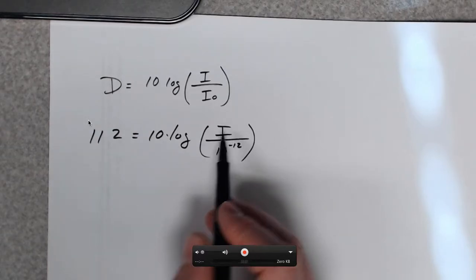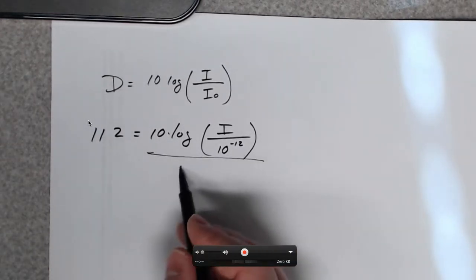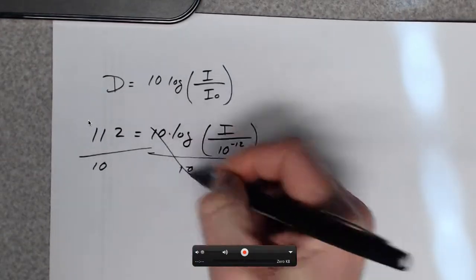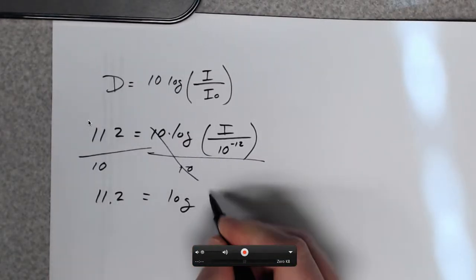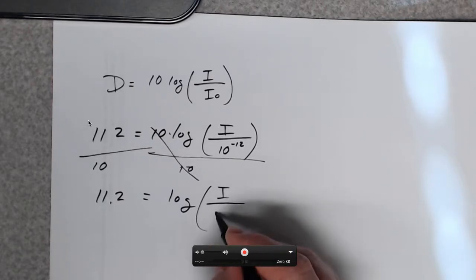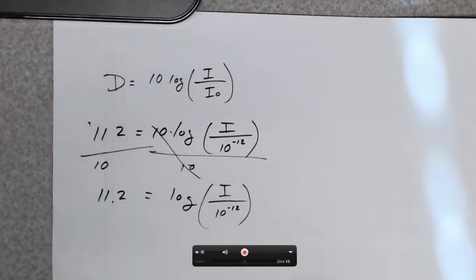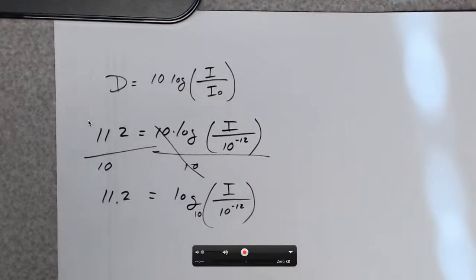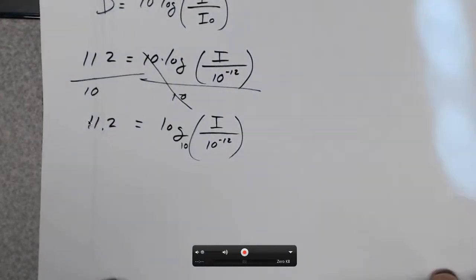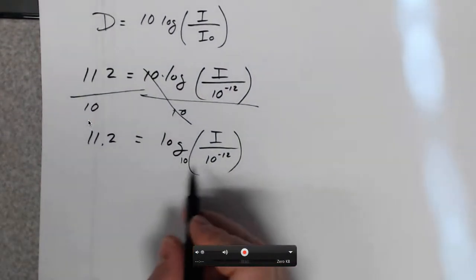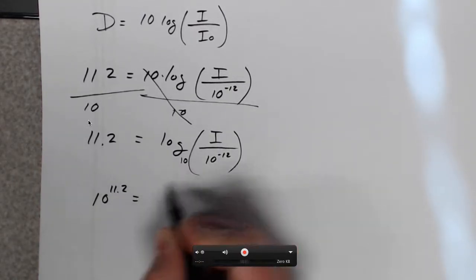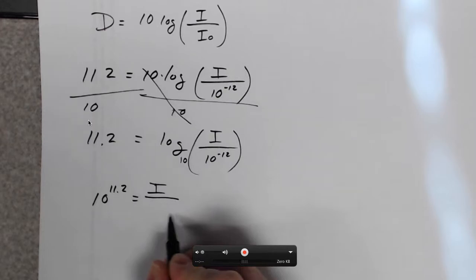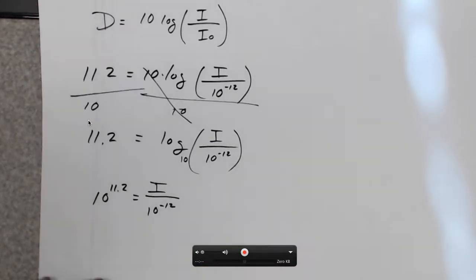To do that, I'm going to divide out this number up front first. It'll be 11.2 equals log I over 10 to the negative 12. Now remember what this is. This is log to the 10th power. So I'm going to rewrite this without the logarithm. 10 to that power equals I over 10 to the negative 12.